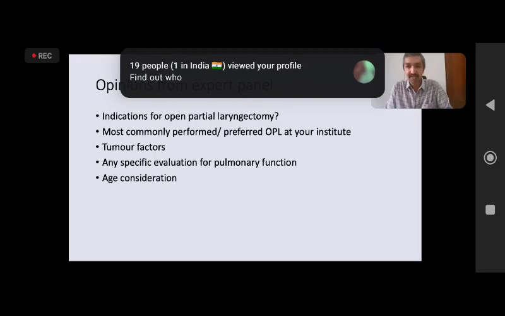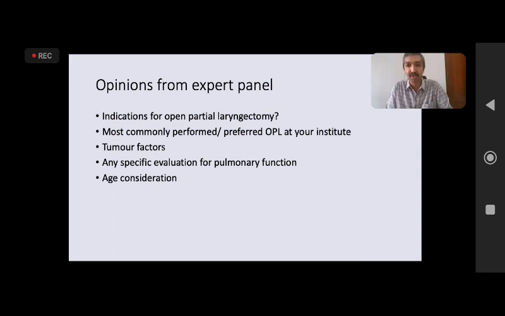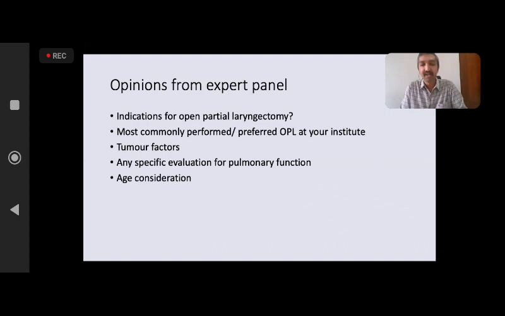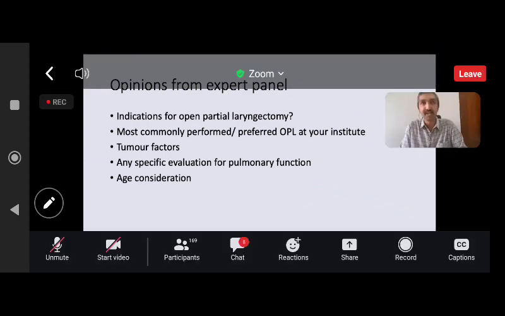In a salvage setting, yes, for T1 even after radiation therapy, or a limited T3 larynx, there is still a role for open partial laryngectomy, especially for preservation of the speaking, breathing, and swallowing organ. So we have done very limited salvage as well.